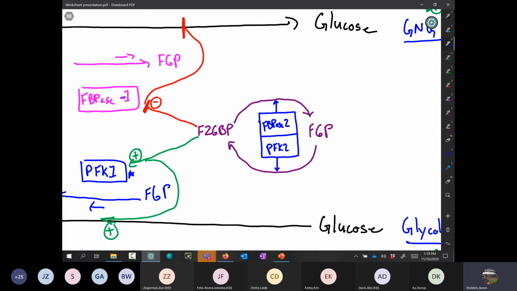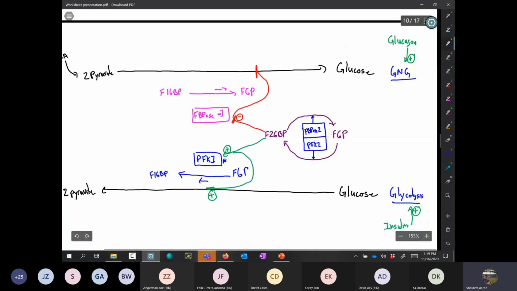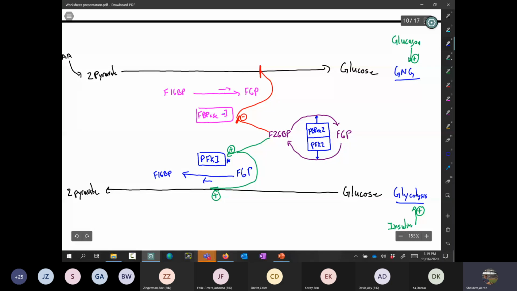Okay, and what is happening here then is this. Let's come back to our signals here. Insulin is actually going to activate this, whereas glucagon, on the other hand, is going to activate this.